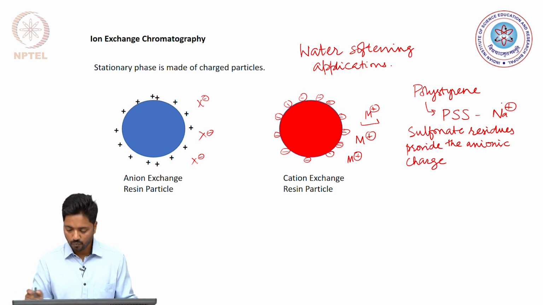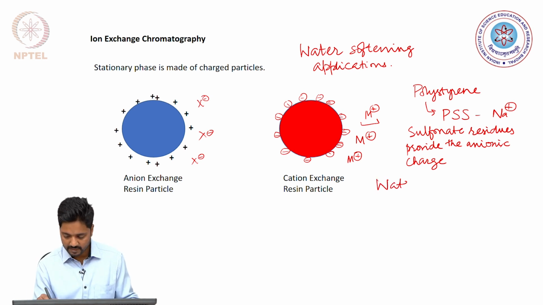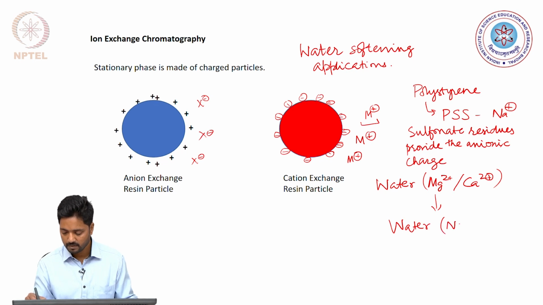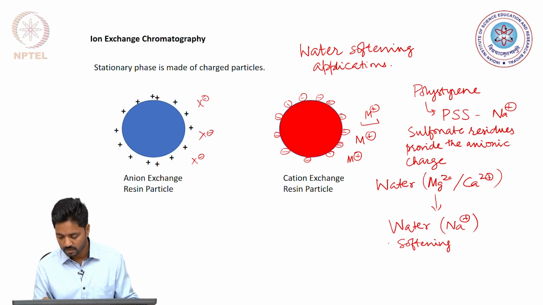So, when we pass water that contains magnesium or calcium ions, which are often the source of the hardness because they can form the corresponding carbonates, the magnesium or calcium ions in water are exchanged in the column with the sodium ions, and this results in the softening of the water.